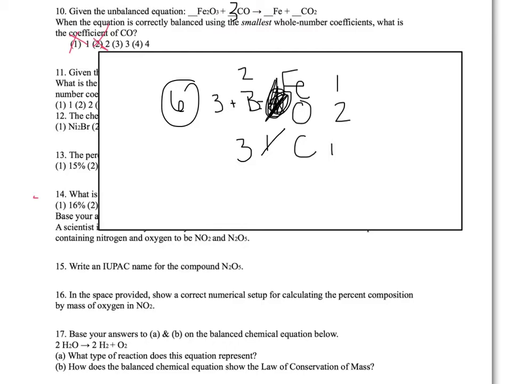So in order to balance on the product side, if I added a 3 in front of the carbon dioxide, that would create 3 carbons and 3 times 2, or 6 oxygens. Now the only thing that is out of balance is the iron. I have 2 irons on the reactant side, so I'll place a 2 on the product side to balance my iron. So we see that 3 here is the best choice.